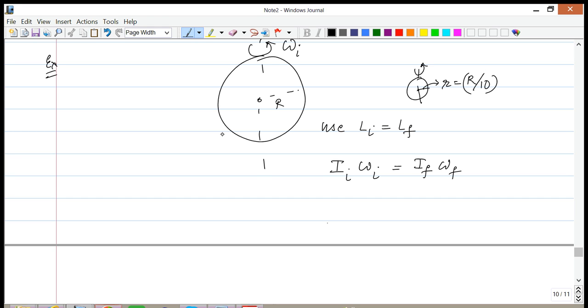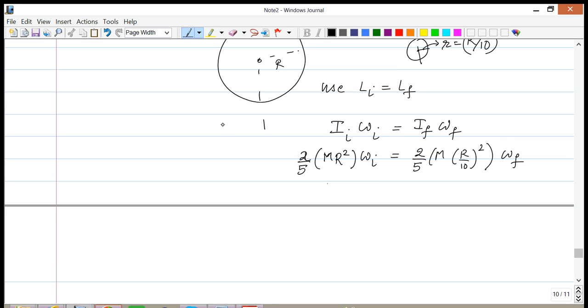So what we know is that its initial angular momentum will be 2/5 m r squared times omega_i, and then at the end it will be once again 2/5 m, but now it is (r over 10) squared times omega_f.